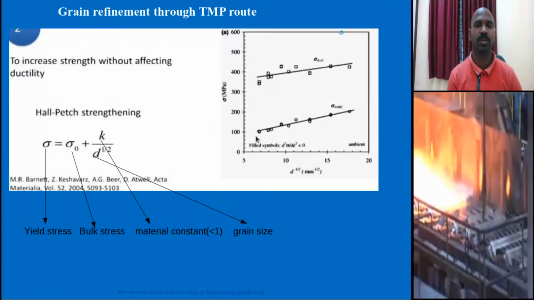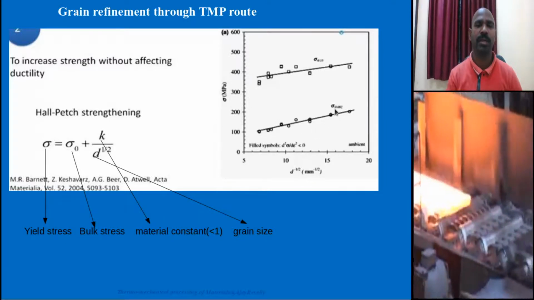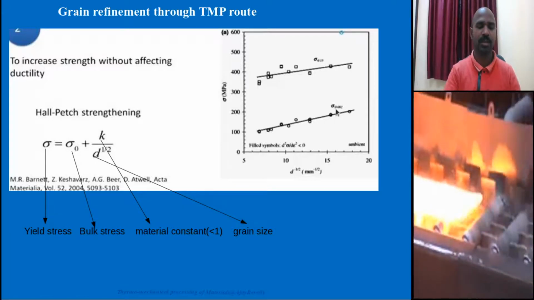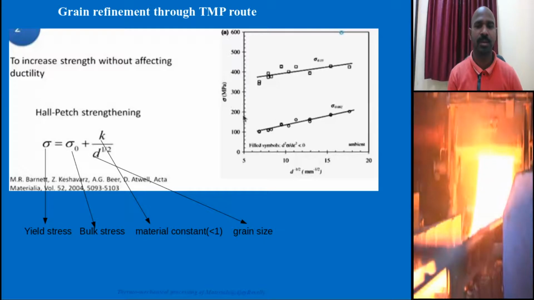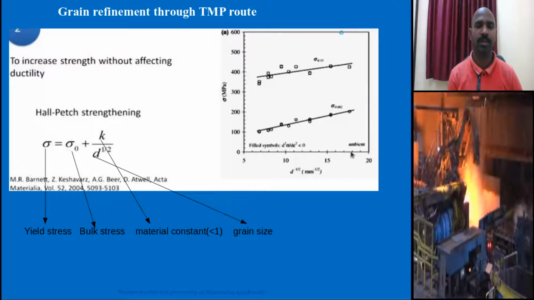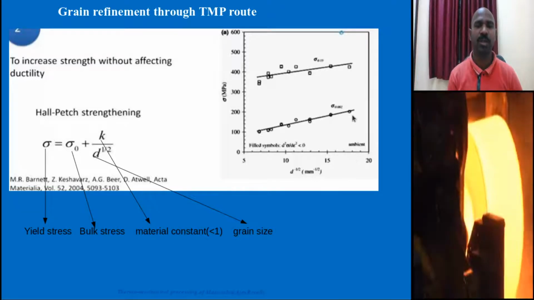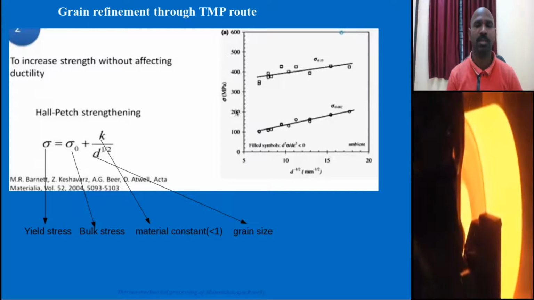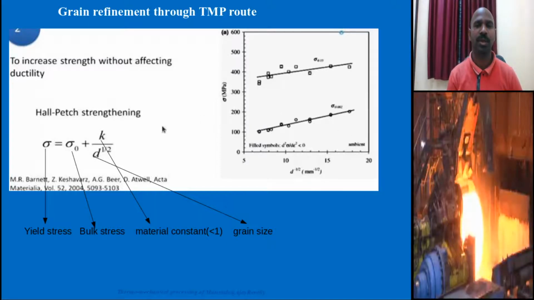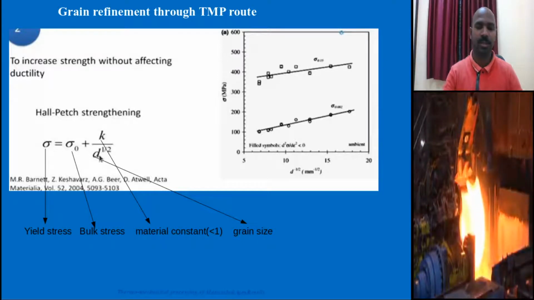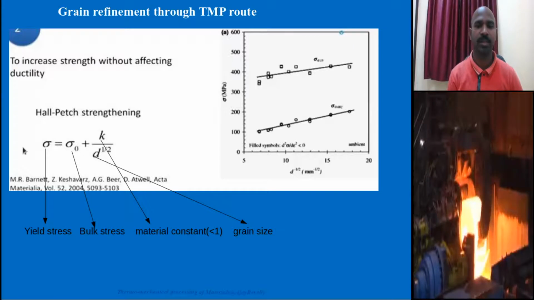For example, in this yield stress situation, around 190 megapascal at around 17 micrometer grain size; a lower grain size means higher strength. That is why the yield stress is in inverse relation.